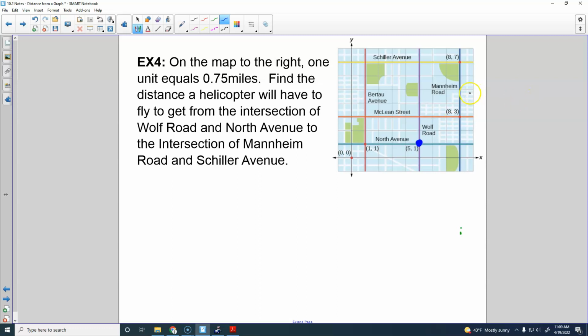So Manheim and Schiller is up here. A helicopter, of course, does not have to follow the roads. So it can fly from point A to point B without having to follow the roads. So we want to know that distance right there.